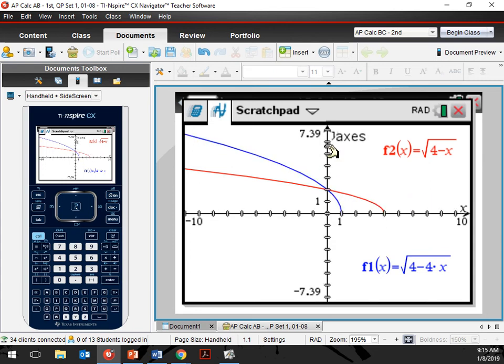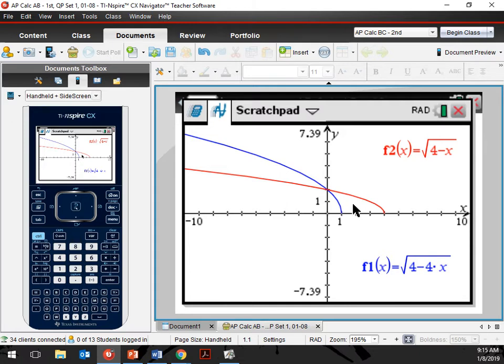Okay, so now right here we have an intersection at 0. At 0, they're both 2, right? So it's going to go from here down to here. It's going to be the shaded spot right in here.